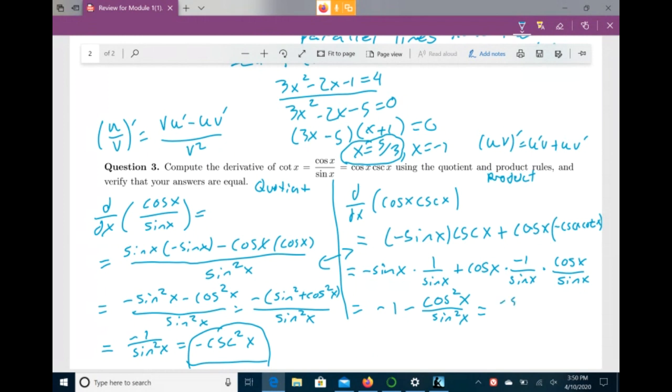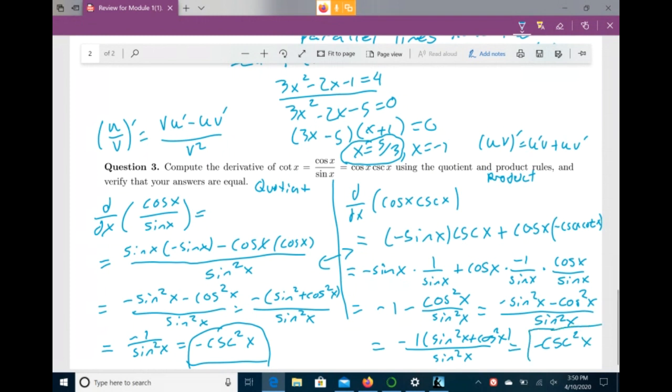So you end up with negative sine squared minus cosine squared over sine squared. Yeah, so really, you get to the same point here as well, if you do it this way.